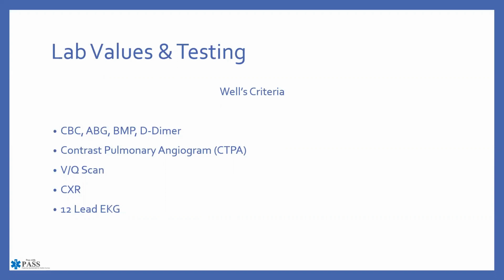So one portion of that CBC is really what they're looking at when we're talking about a pulmonary embolus, and that is RDW, the red cell distribution width. So they want to see how big the red blood cells are, and that's one of the clinical findings: an increased RDW on your CBC. And we don't normally, at the paramedic level at least, talk about RDW.